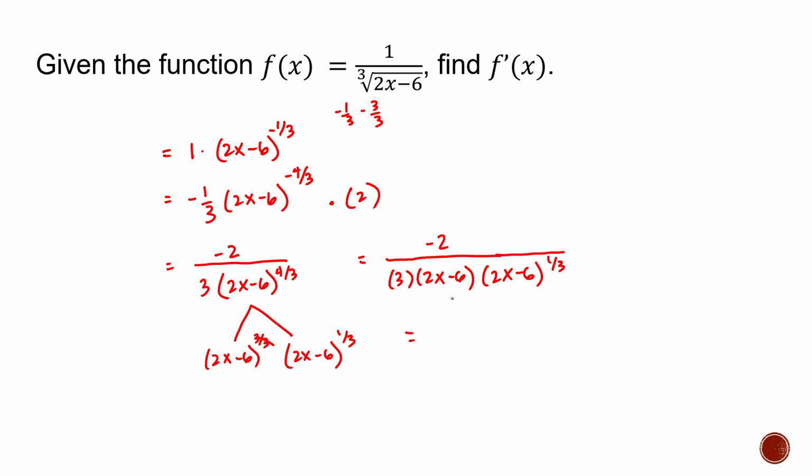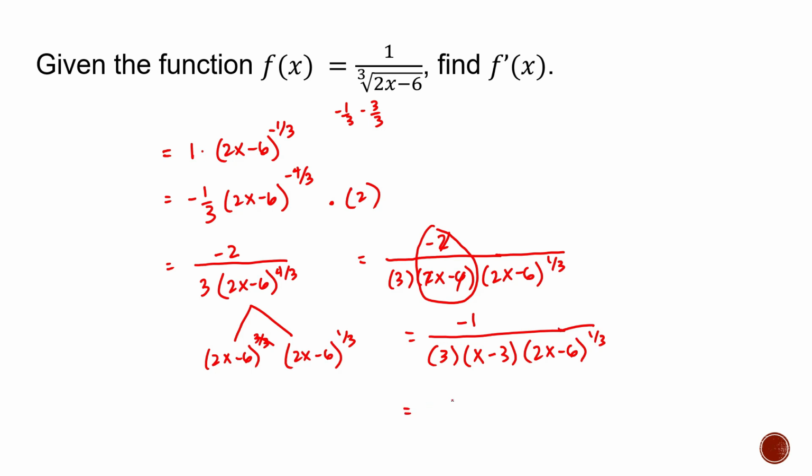I can see that we can simplify this fraction. All of these are divisible by 2, so cancel that, and that. So that gives us negative 1 all over 3 times, let's just do this, 3, and then this will be x minus 6 divided by 2, which is 3, times (2x minus 6) raised to 1/3.